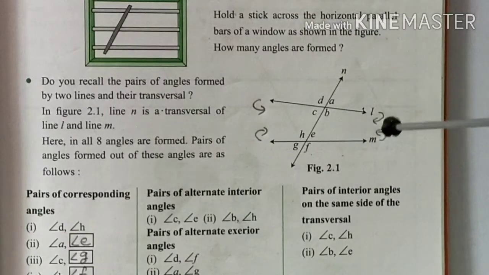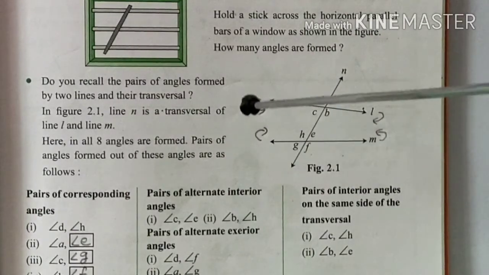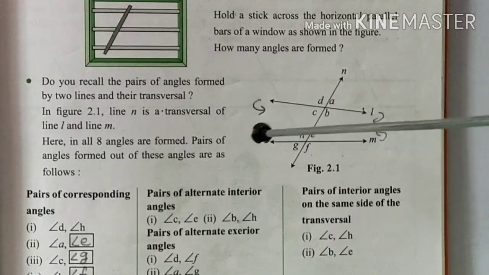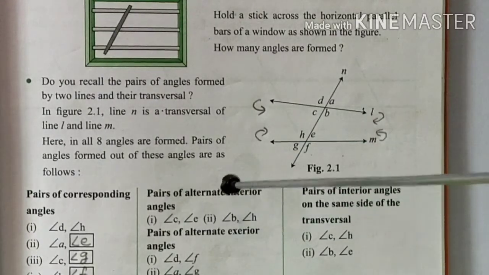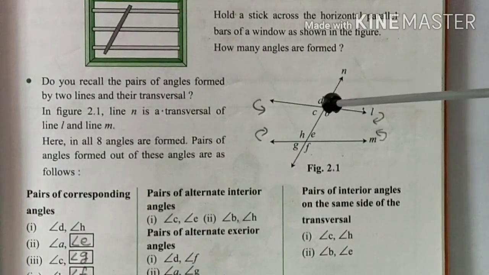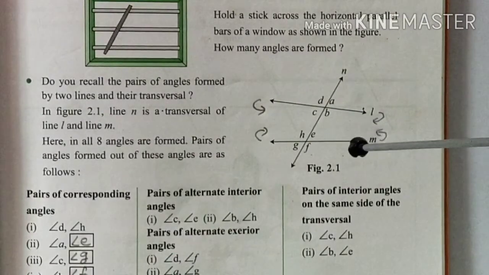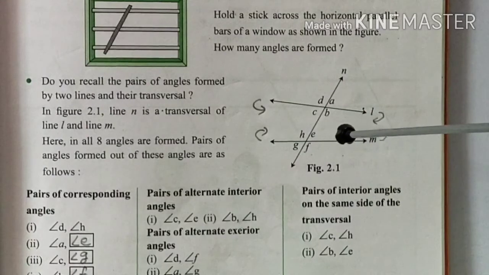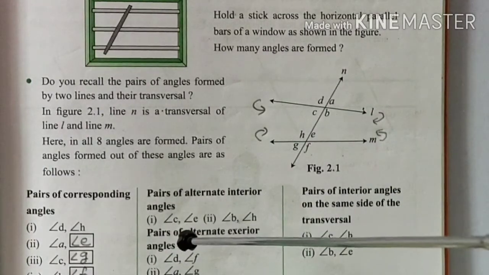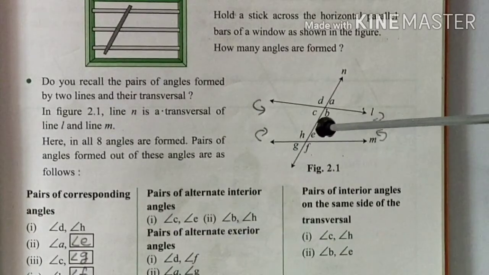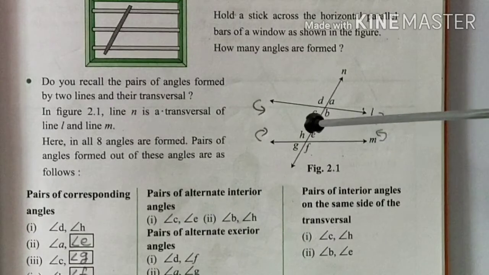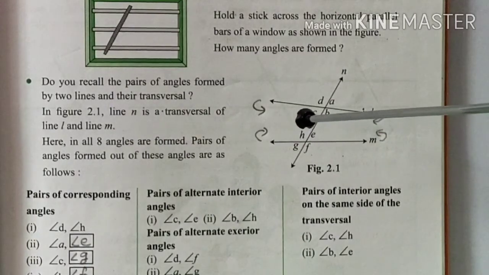By these arrows, we understood the interior part of the two lines. So here we have one pair as angle C and angle E. C and E: one angle is on the left side, that is angle C.